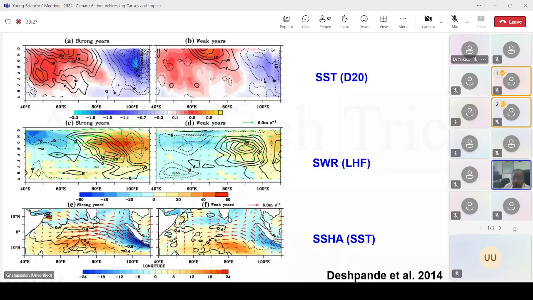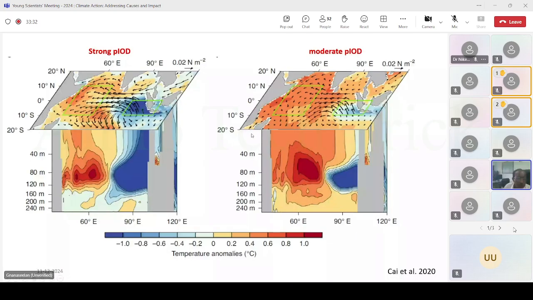And you can also see the patterns of how the strong and moderate events impact both the surface, these are surface features, and the ocean subsurface, and this is during the weaker period.